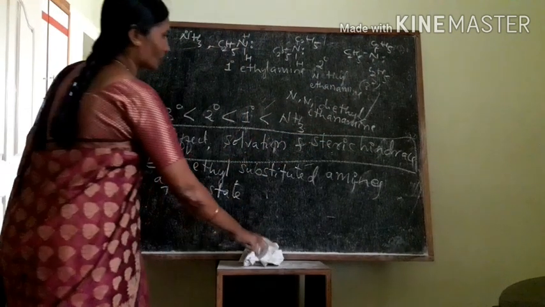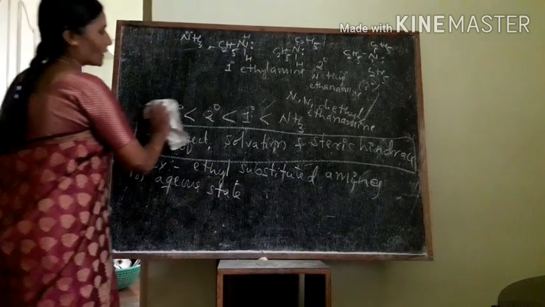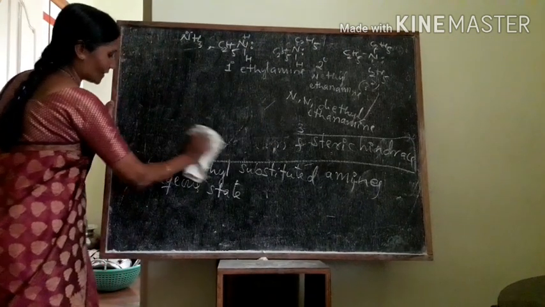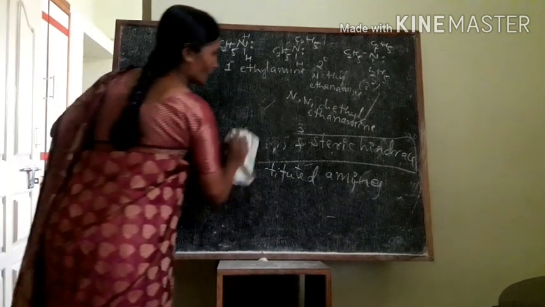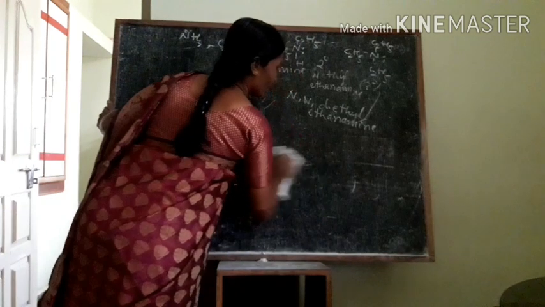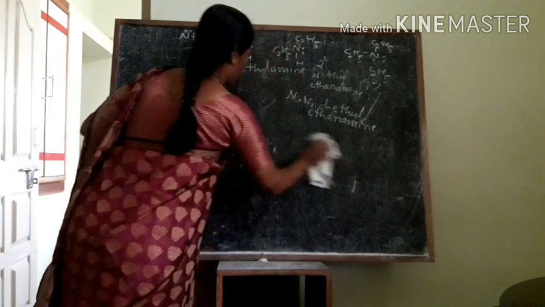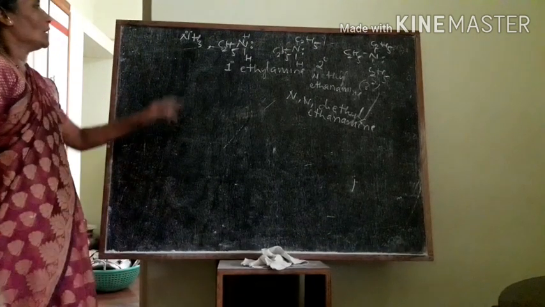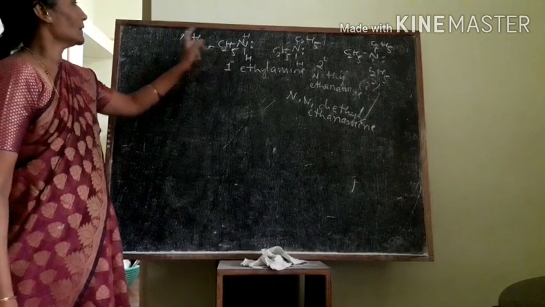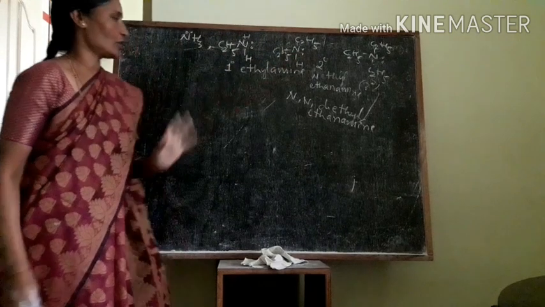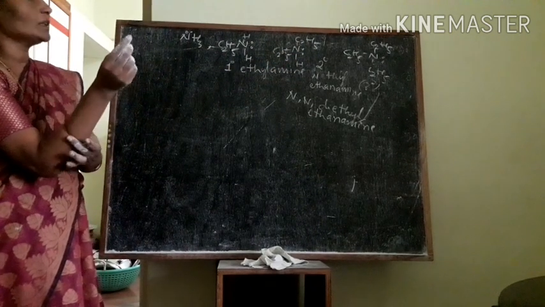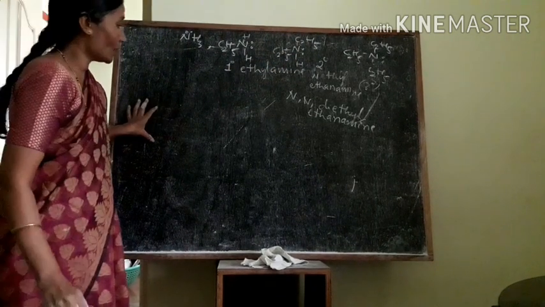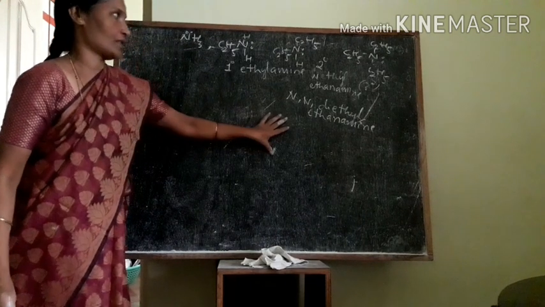Now these are ethyl amines or ethyl substituted amines. Now in these, how can you represent the basic character? This is primary, ammonia, secondary, tertiary, which is said to be more basic, combining all these effects.